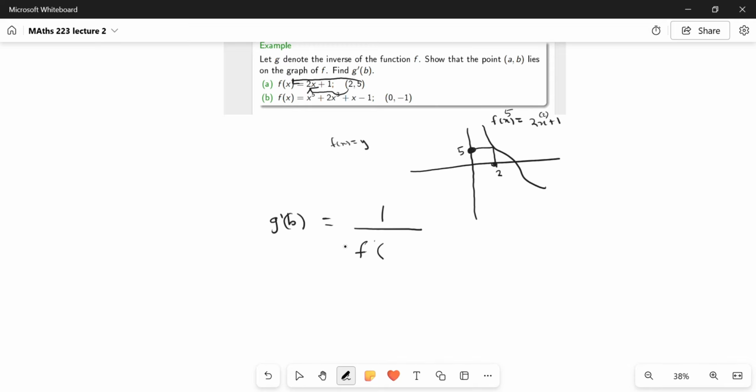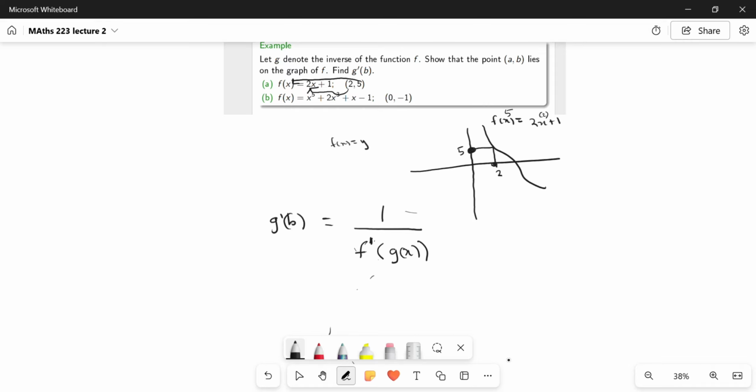Let me make a reference quickly. Yes, f prime. So g prime of b is 1 over f prime of g of b.